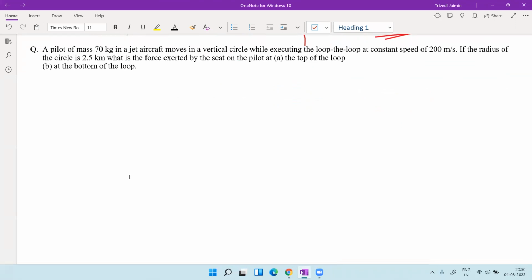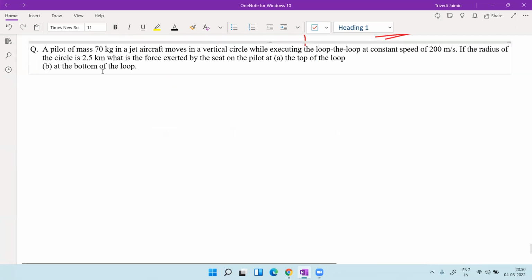A pilot of mass 70 kg in a jet aircraft moves in a vertical circle while executing the loop-the-loop at a constant speed of 200 meters per second. If the radius of the circle is 2.5, what is the force exerted by the seat on the pilot at the top of the loop and bottom of the loop?